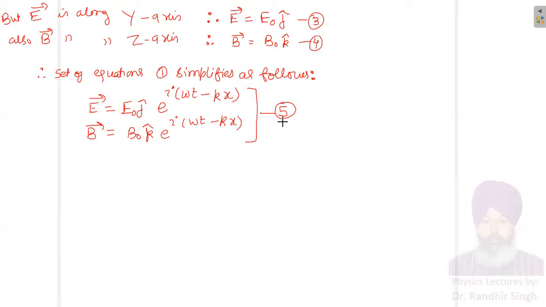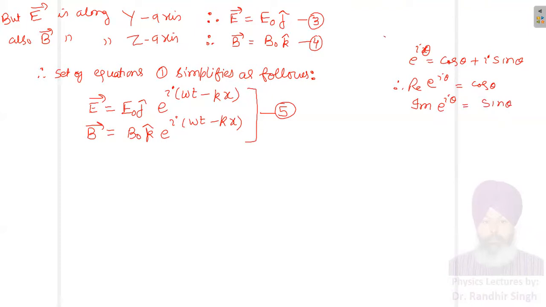We are going to take one step more. We know that if e raised to power iota theta is expanded, it becomes cos theta plus iota sine theta. Therefore, real part of e raised to power iota theta will be equal to cos theta, and imaginary part of e raised to power iota theta will be equal to sine theta.